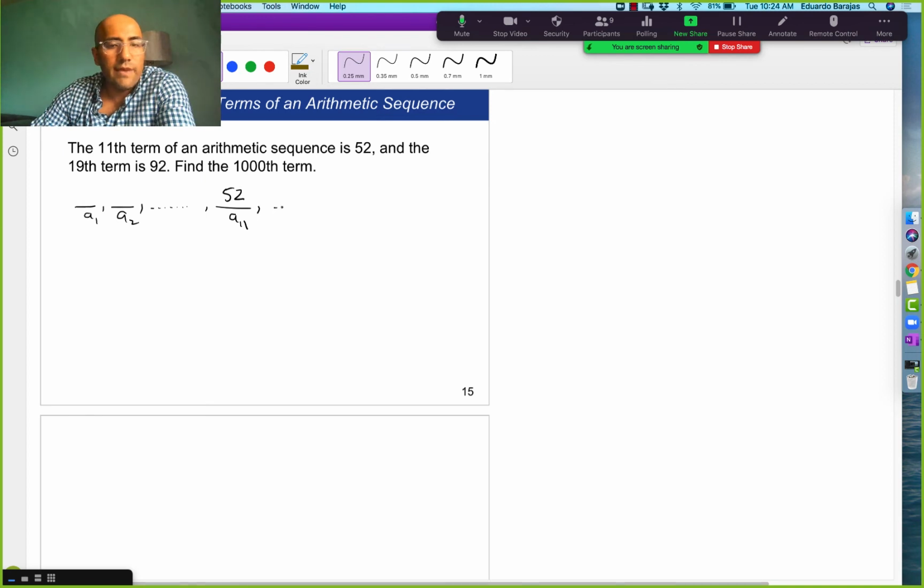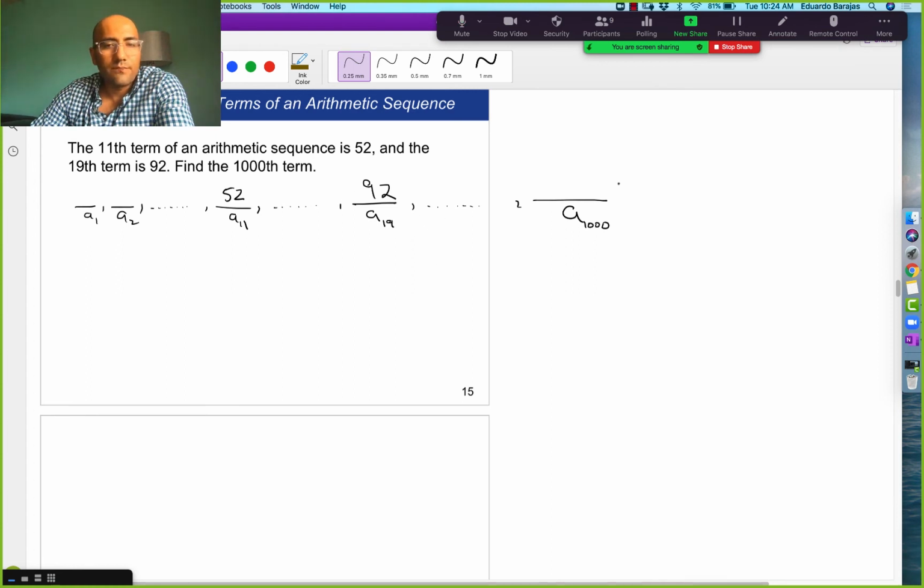And then they gave me the 19th term of the sequence, which is a 92. And their question is, find the 1000th term of the sequence.